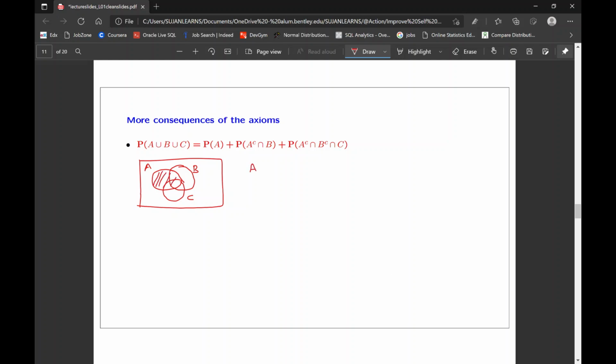Second piece is part of B, which is outside of A, that is B intersection A complement. And lastly, we have part of C that doesn't belong to A and that doesn't belong to B. So these three things make up A union B union C.